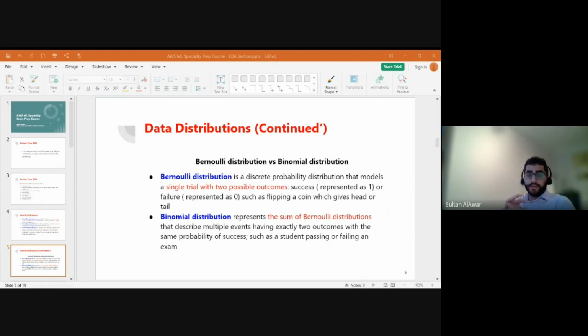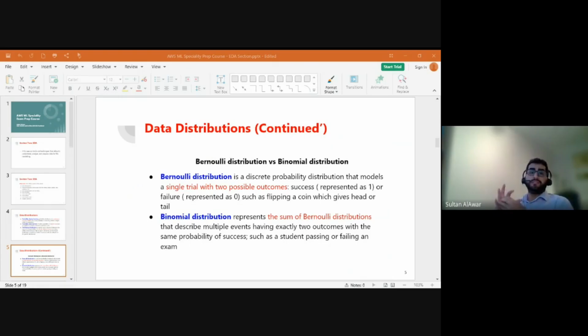If we dig deeper into more distributions, we can also have the Bernoulli distribution and the binomial distribution. The Bernoulli distribution is also a discrete probability distribution, which models a single trial with two possible outcomes, success represented as 1 or failure represented as 0.